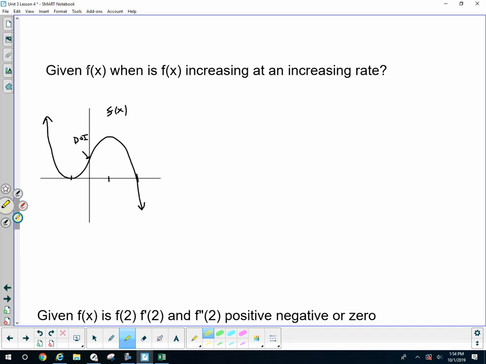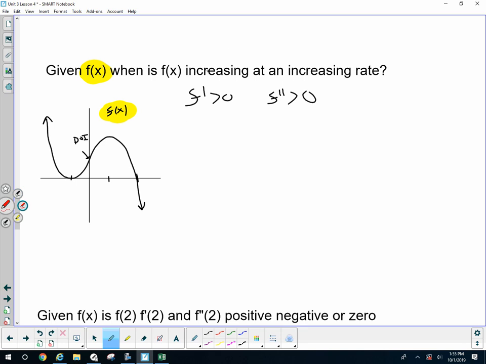Remembering the questions I gave you with the second derivative when I gave you the graph of f, you will be asked to answer when f has certain characteristics, like f increasing at an increasing rate. Or if I ask you when is f prime positive and f double prime positive, both of these you should be able to answer given f.